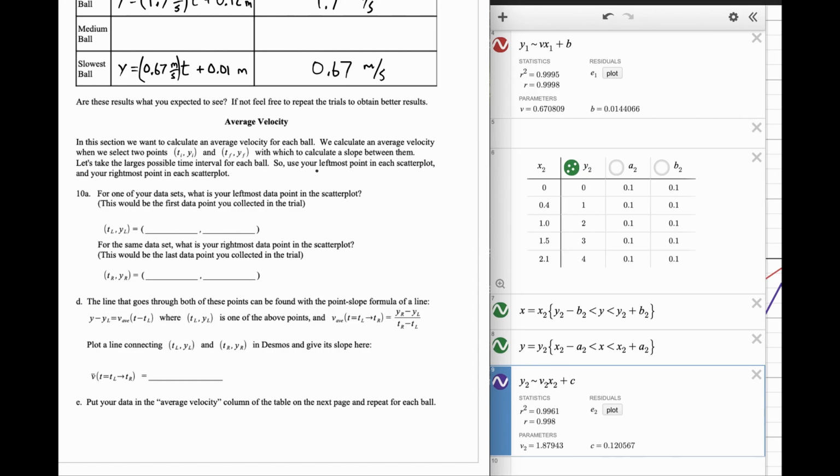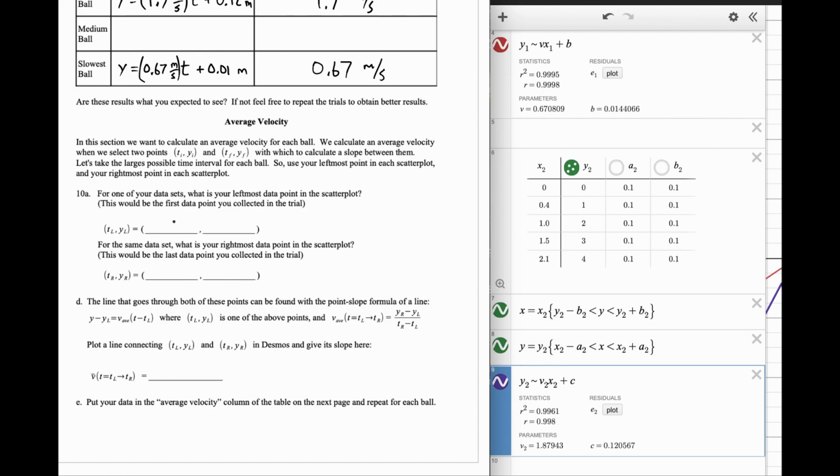So use your leftmost point in each scatter plot and your rightmost point in each scatter plot. So when you do this, it's best to take your points from the best fit line rather than making them actual data points. But it says here you could just estimate it that way, which is fine.